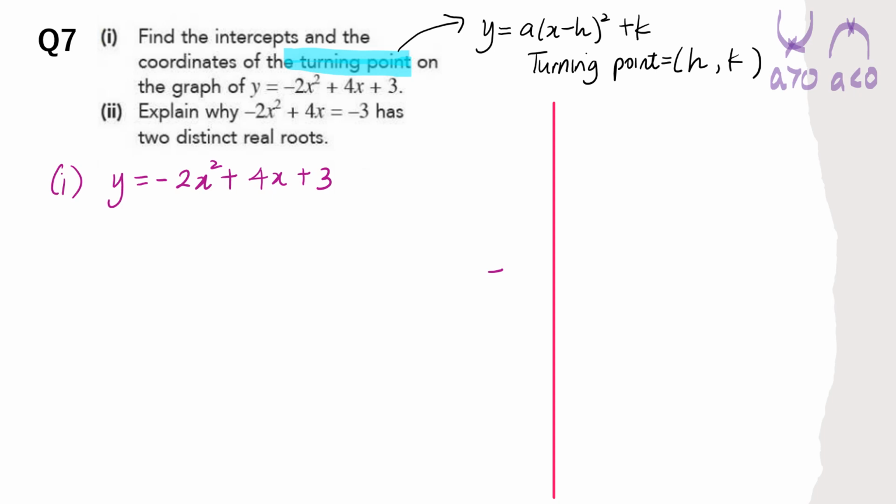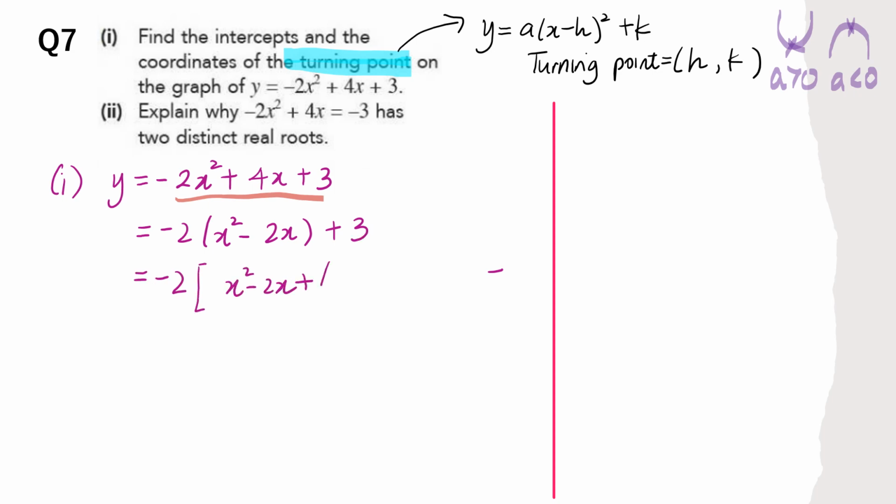Yes, you would have to apply the completing the square skill to convert this quadratic curve into the completed square form. So we need to make the coefficient of x squared to be 1. So we have to factorize negative 2 out from your first two terms, the x squared and your x term, leaving your positive 3 alone.